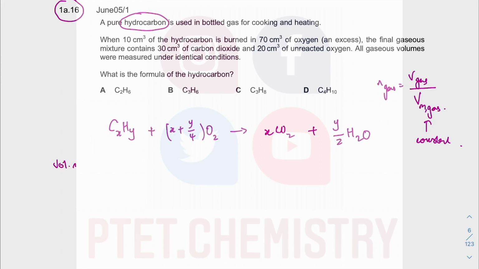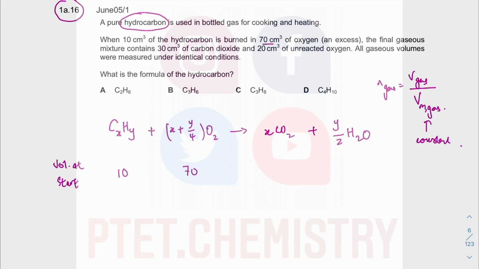So the volume at start, it's very important to have good bookkeeping, no matter how messy you are. If you can maintain your bookkeeping, make sure it's clear to other people, not just you. So 10 cm cube of the hydrocarbon, I'm not going to write the unit throughout, even though it's important, it's implied in the question.